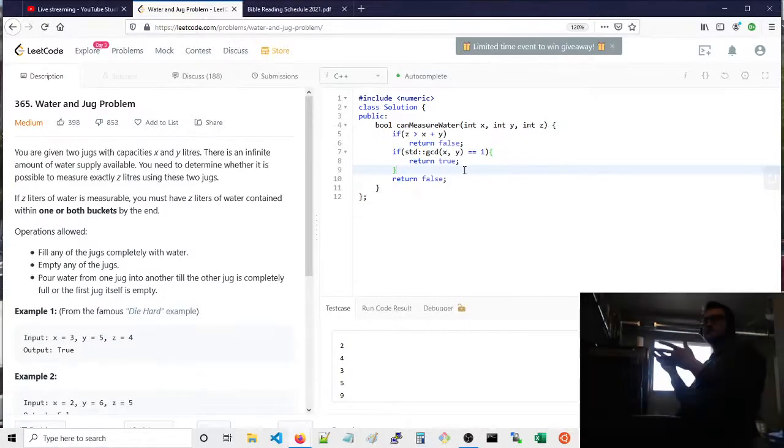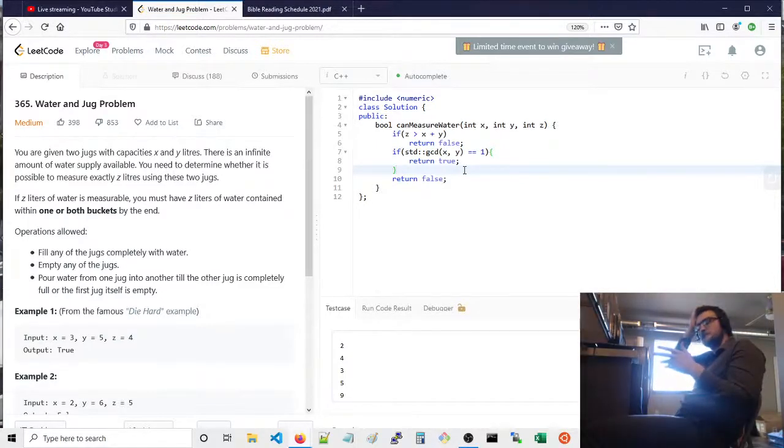So 6 and 4 is a great example. If you dump 4, you put 6, you get 2 and 4. And then if you dump 4 and then dump 2 and add 6, you still have 6 and 2, but you can't seem to get anything other than 2, 4, 6, or 8.